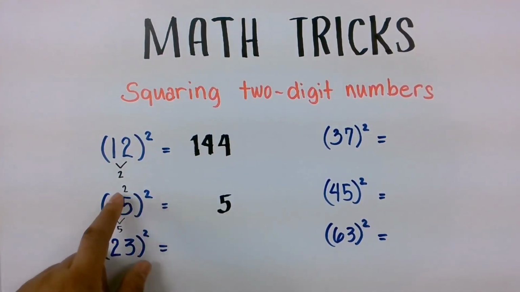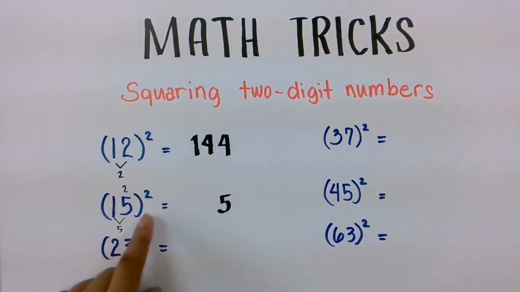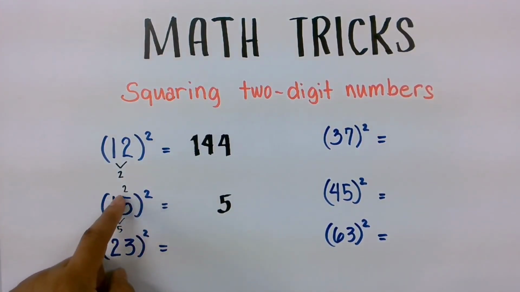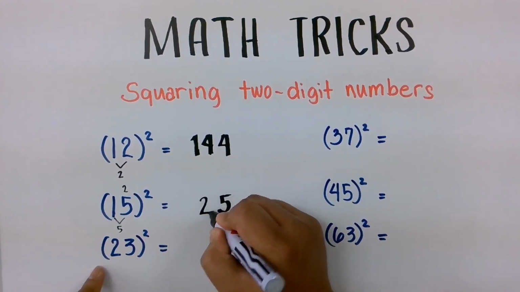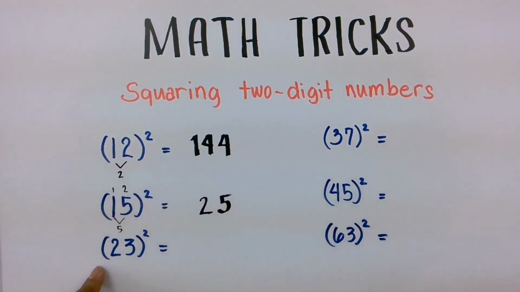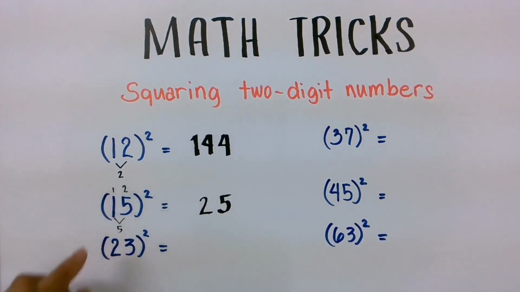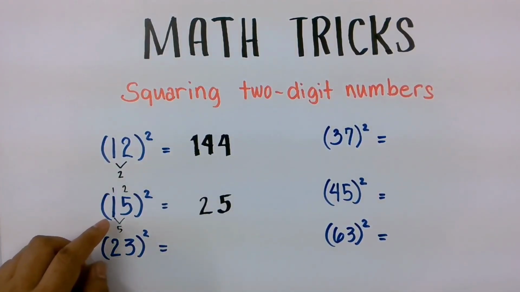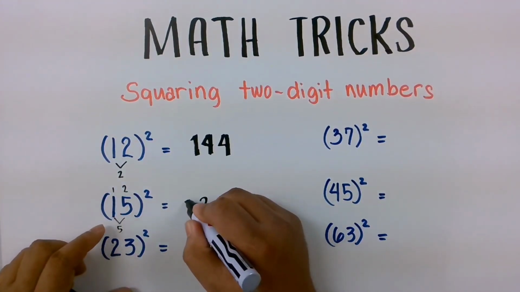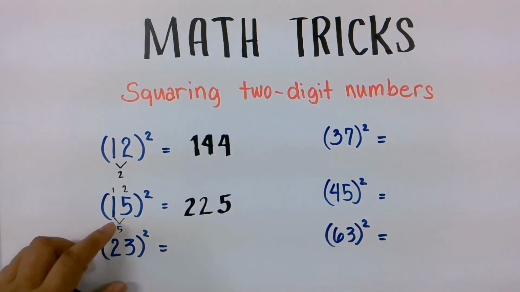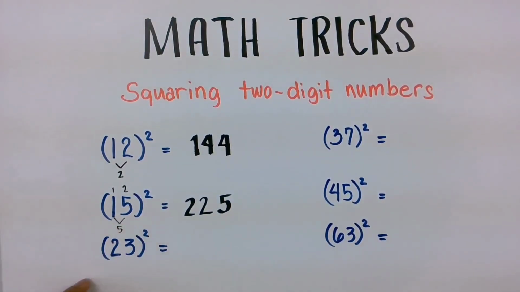Then, saka natin ipa-plus yung tens digit kanina. So, ulitin ko lang. 5 times 2, 10. Plus 2, 12. Okay? So, lagyan natin dito yung carry 1 natin. Yung 1's digit. Okay? Now, square natin yung 1. 1 squared is 1 plus 1, 2. So, therefore, the 15 squared is 225.